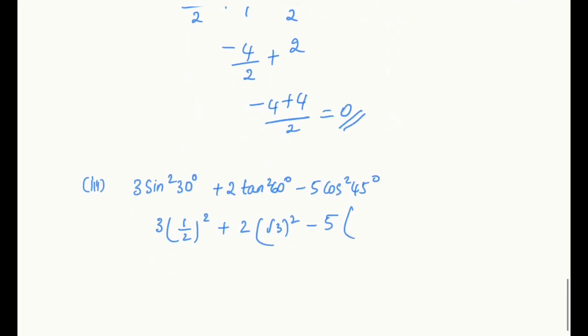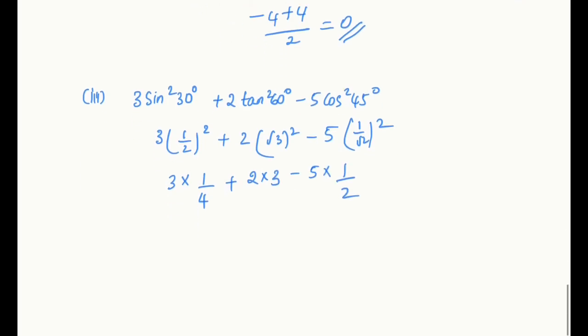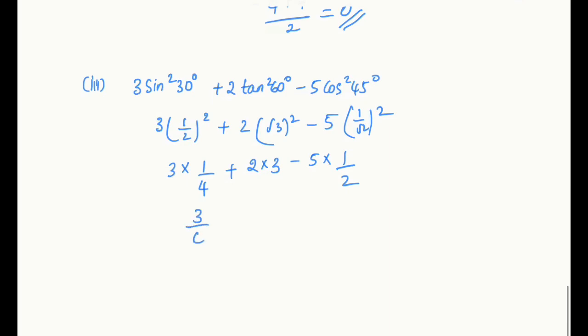What is cos 45 here? 1 by root 2, the whole square. So 3 into 1 by 4 plus 2 into 3 minus 5 into 1 by 2. So you get 3 by 4 plus 6 minus 5 by 2.